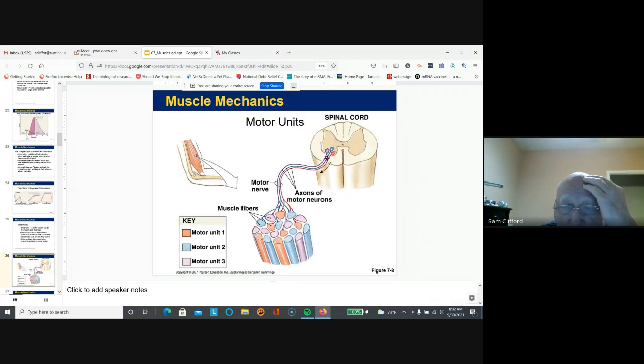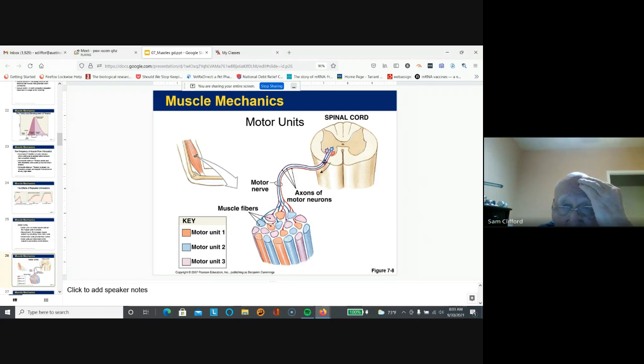You can see that motor neurons are located in the spinal cord. You have the axons of the motor neurons. Notice there are various nerves going to motor unit 1, which is this color, and it's connected to 3 muscle fibers. Motor unit 2 is the blue, 1, 2, 3. So these are individual muscle fibers. So a motor unit is the motor nerve and the muscle fibers to which it is connected.